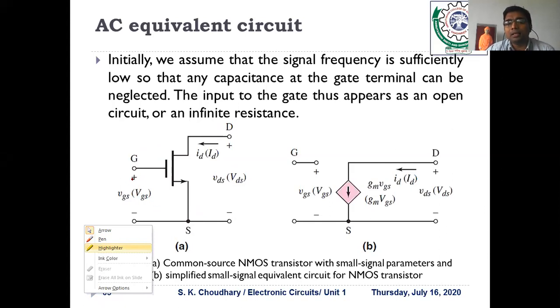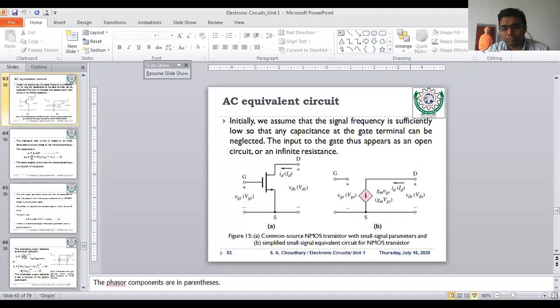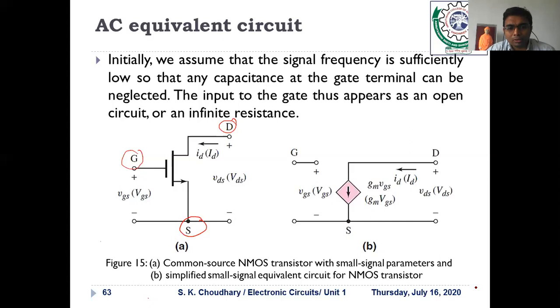So between gate and source there is an open circuit, meaning it has infinite input impedance.